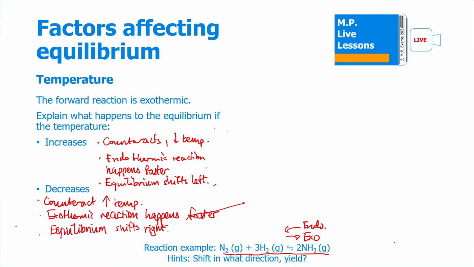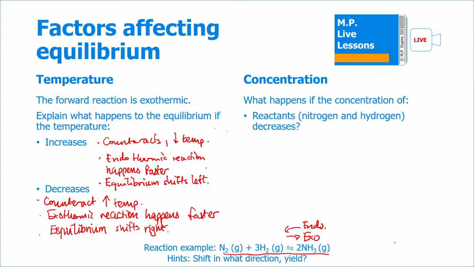Now, a factor you need to know that affects the equilibrium is the concentration, or just how much of a reactant there is. So what happens if the concentration of, let's say, the reactants decrease? So the system counteracts, and it wants to increase the concentration of reactants.